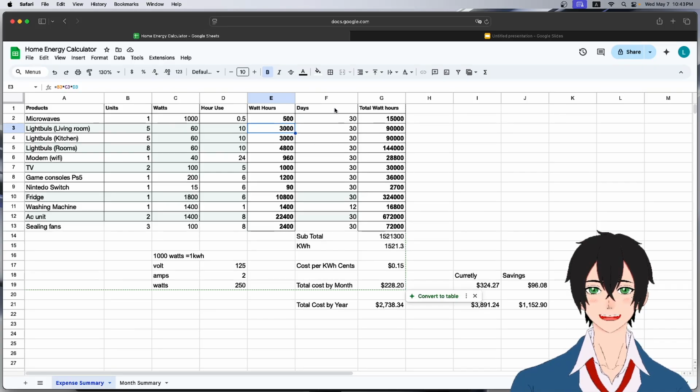And also here we have the days. So these utilities always charge you by month, so that's 30 days. And also the total watt hours will be the total of all this consumption, which will be multiplying watt hours times days, which I have right here on this formula written.